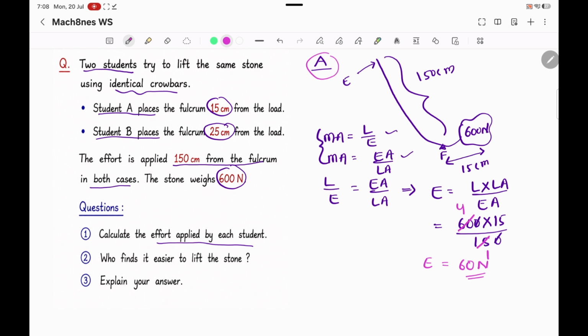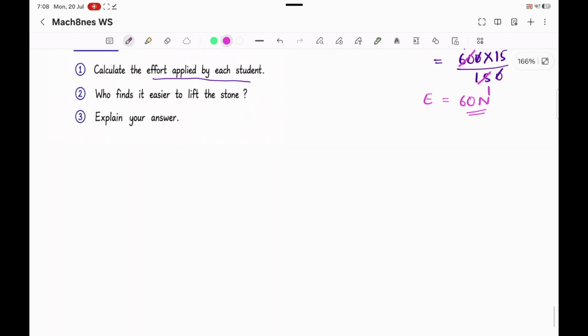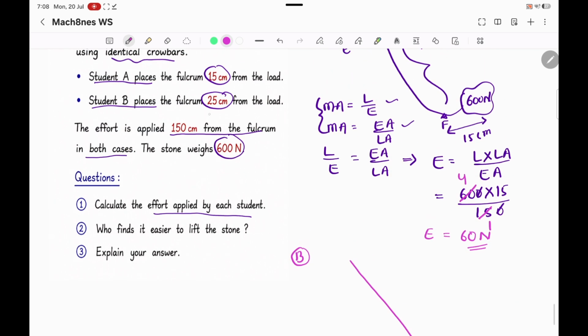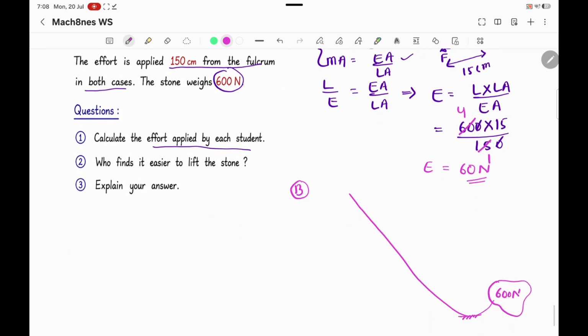Now let us calculate the effort applied by student B. Okay, so for student B, here is a crowbar, and here is the same load of 600 newtons, and here is a fulcrum, but he placed it at 25 centimeters from the load.